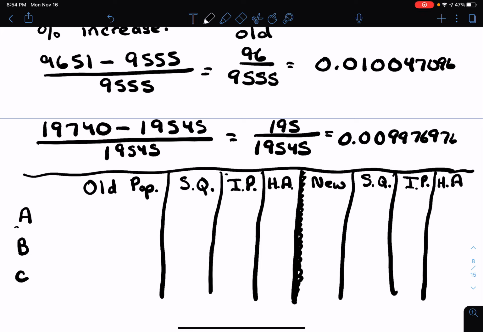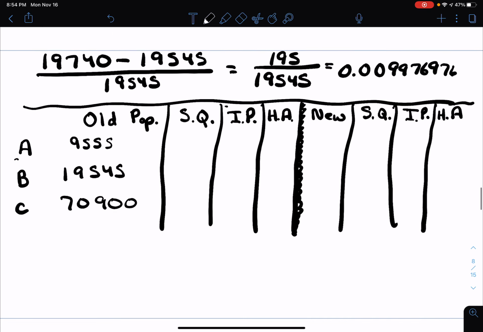All right, state A had an old population of 9,555. B was 19,545. C was 70,900. Okay, and we're going to go with 100 seats in the legislature.